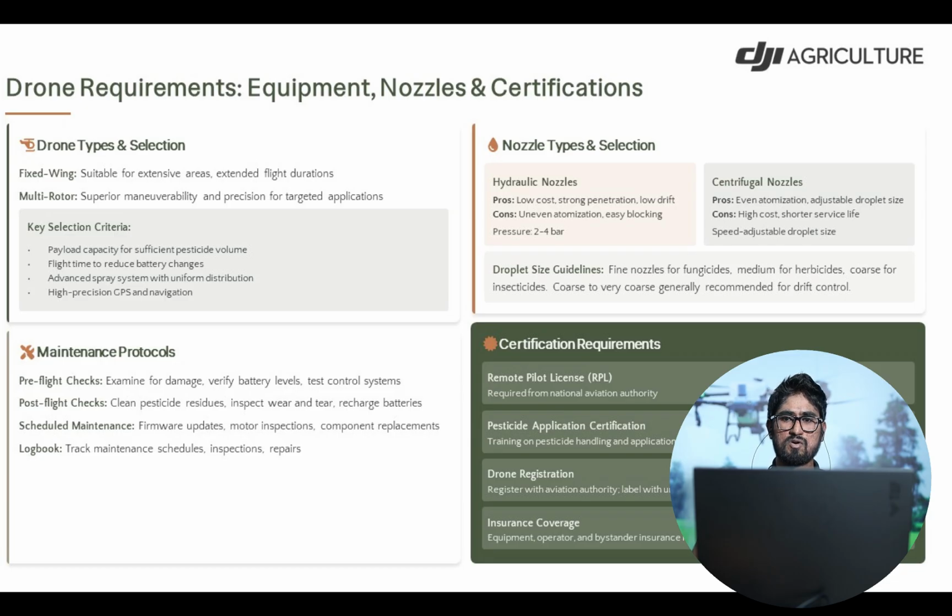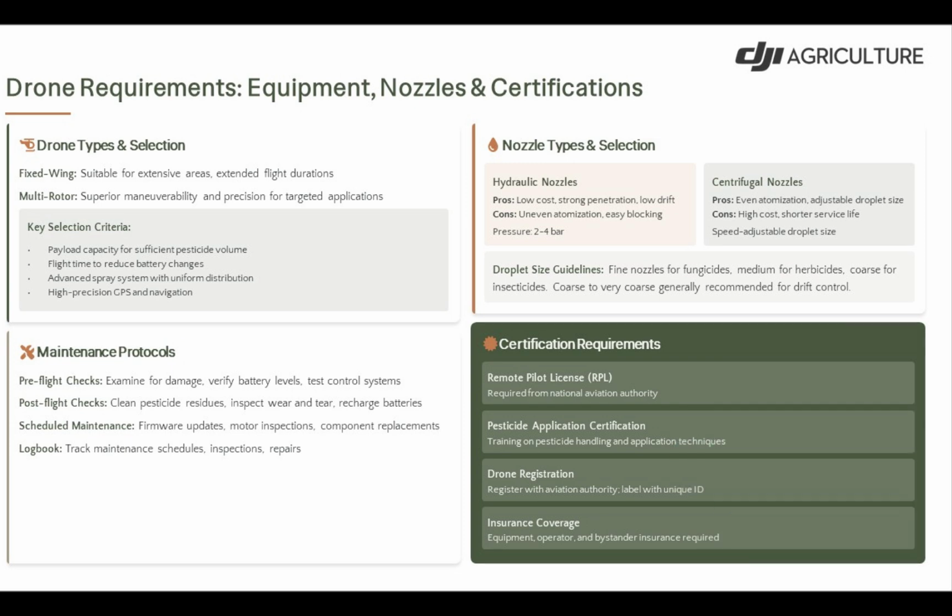The operator should be trained on pesticide handling and application techniques, knowing the basics of how it is handled and applied efficiently. We must also register our drones with the aviation authority and label them with a unique ID. And the equipment and operator should have insurance coverage as well.